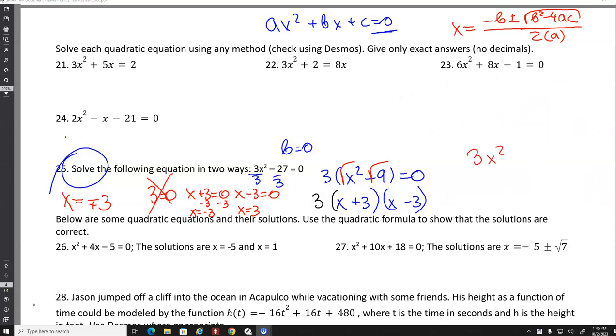So I can take 3x squared minus 27 equals 0. I'm solving for x, okay? That's what I'm doing. So I'm going to move 27 to the other side to get rid of it. So I get left 3x squared equals 27. I'm going to divide both sides by 3 because I'm going to get rid of this 3 because I want the x to be by itself. So that goes away. It leaves me with x squared equals 9. Now to get rid of this square, I'm going to square root both sides.